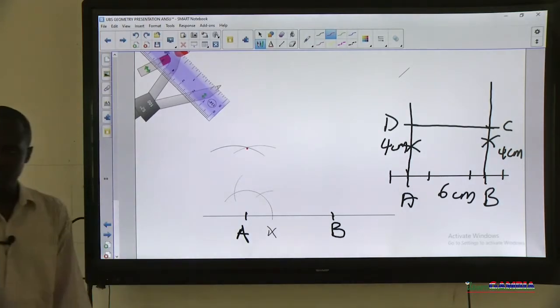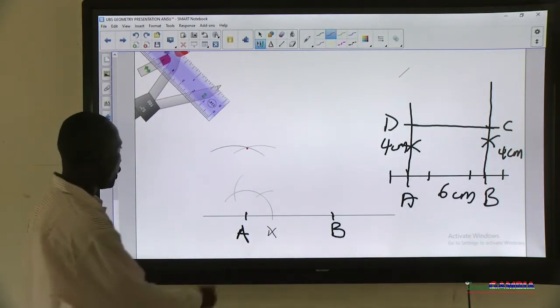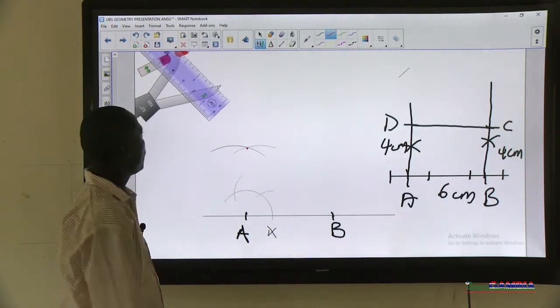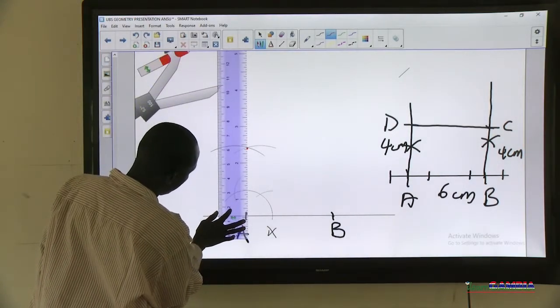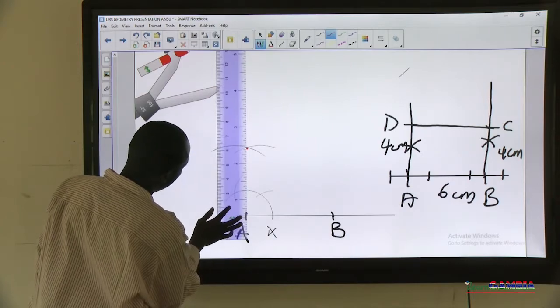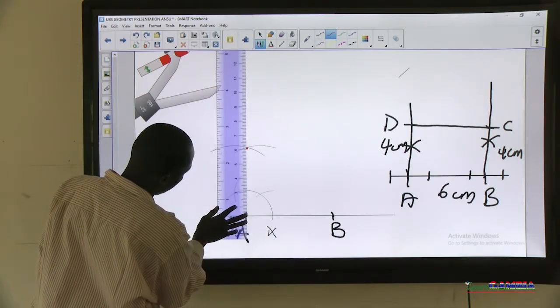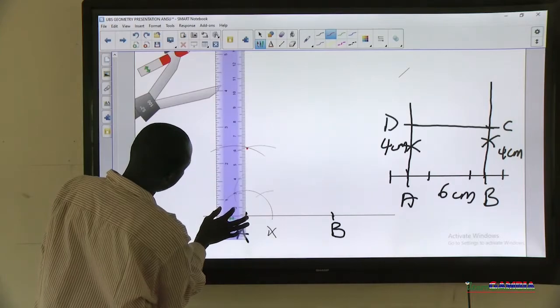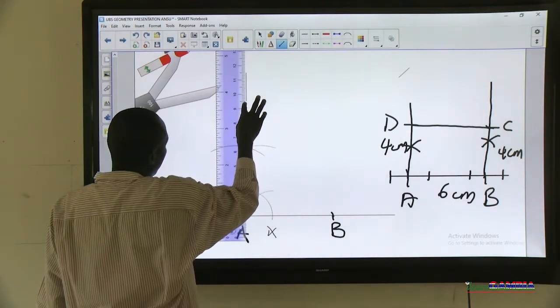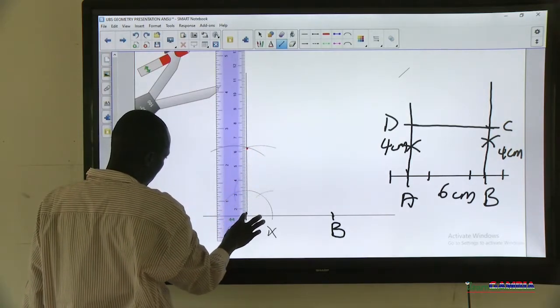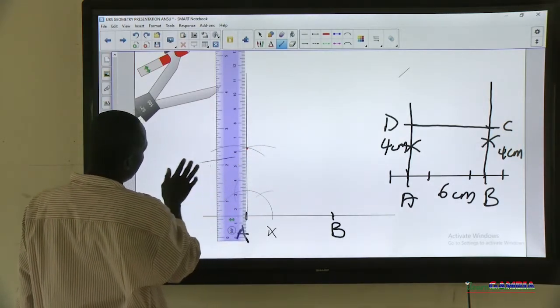Okay, that point of intersection, I am going to join it to point A using my ruler. I join that point of intersection to point A. I've done that.